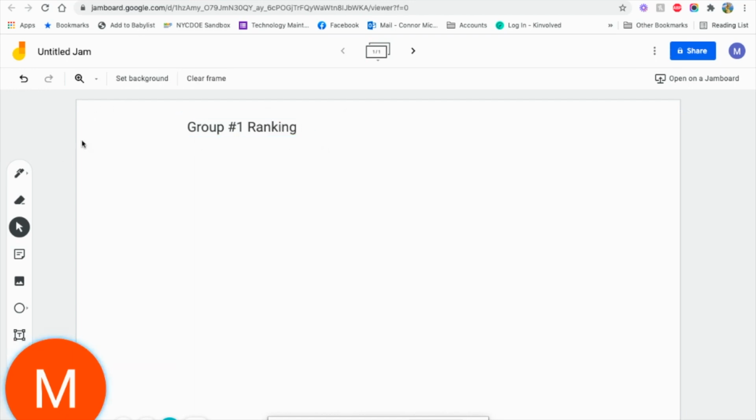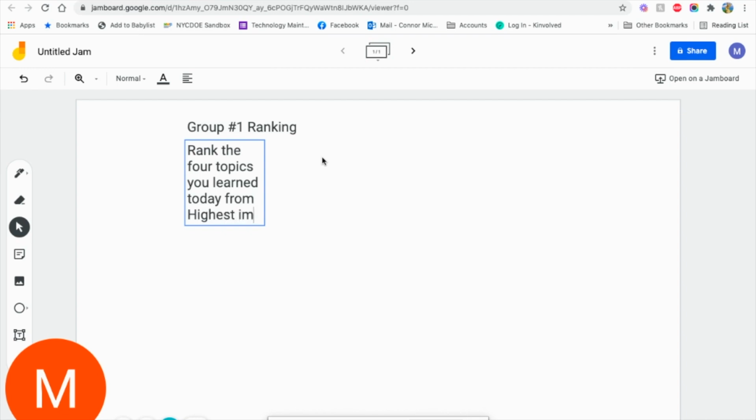And then you can drop some directions in. So: rank the 4 topics you learned today from highest impact to lowest impact, and justify your answer.